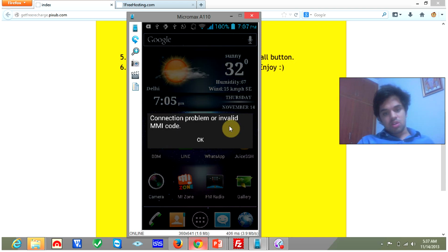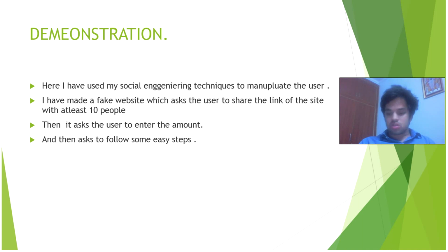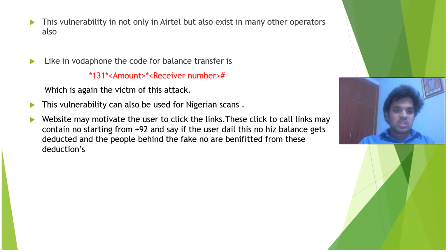Now I think you can understand what the attack was. Again to the presentation. This vulnerability is not only in Airtel but also exists in many other operators. Like in Vodafone, the code for balance transfer is *131*amount*receiver's number#, which is again a victim of this attack.